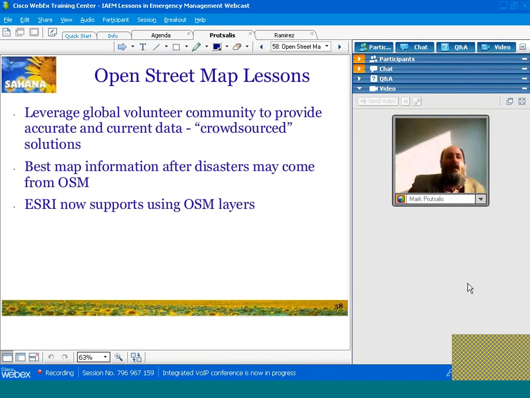The lesson from this is that this more accurate mapping leveraged the global volunteer community to provide accurate and current data. That's one way of crowdsourcing support.